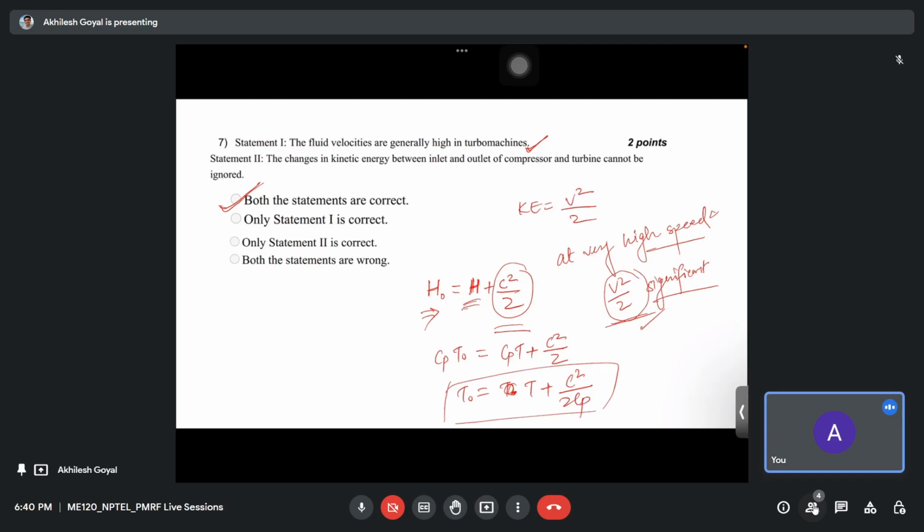The fluid velocities are very high in the case of turbomachines, and due to this very high speed, the kinetic energy component cannot be ignored, and it has some significant value in the case of high speed turbomachines. Okay, so both the statements are correct.